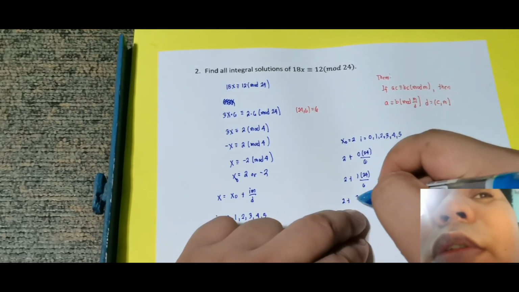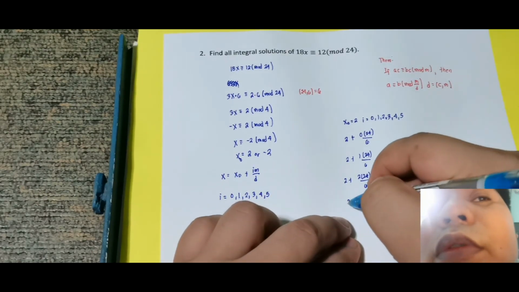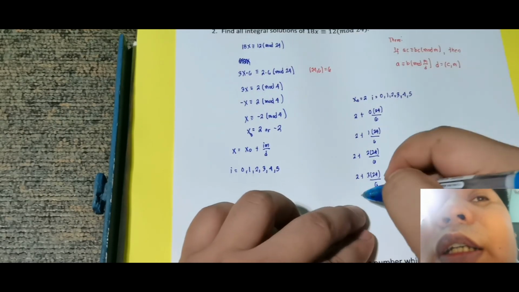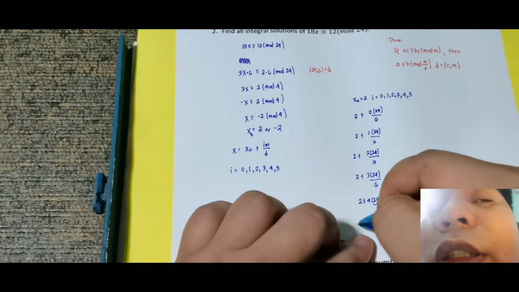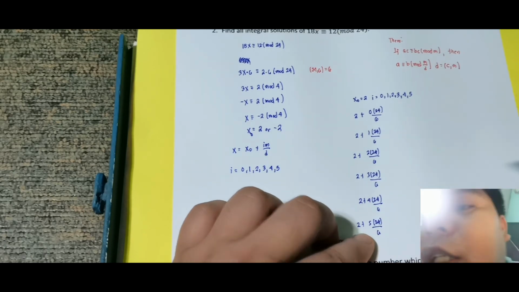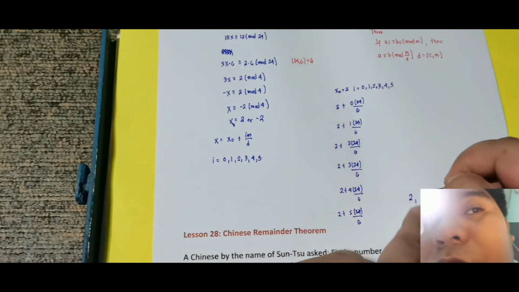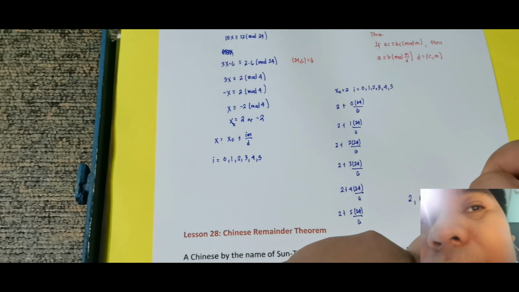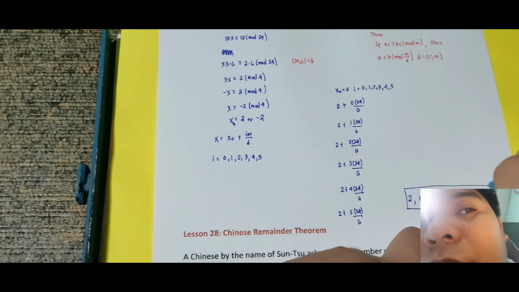Pangatlo, 2 plus 2 times 24 over 6. 2 plus 3 times 24 over 6. 2 plus 4 times 24 over 6. Then 2 plus 5 times 24 over 6. So mga possible values niya are 2, 6, 10, 14, 18, and 22. Okay, ito yung mga solution niya.